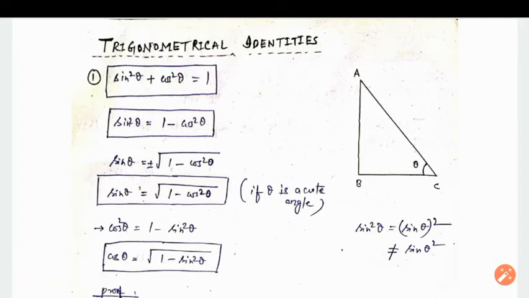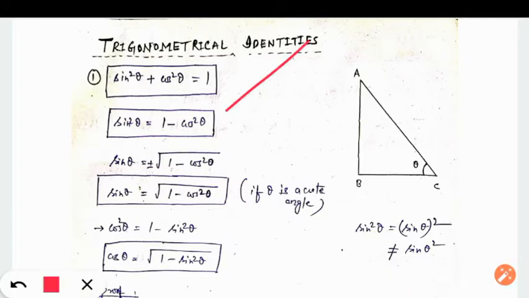Now, what we have in these trigonometrical identities: in this chapter we will come to know about the relation between the 6 trigonometrical ratios: sine, cos, tan, cosec, sec, cot. And what does the first relation say?